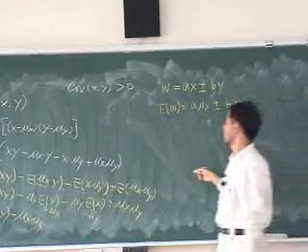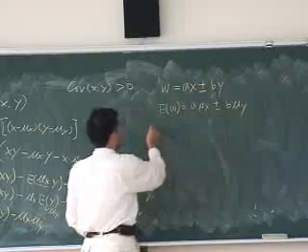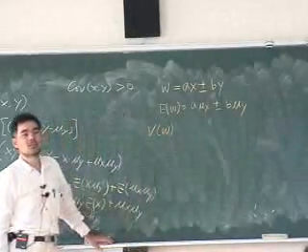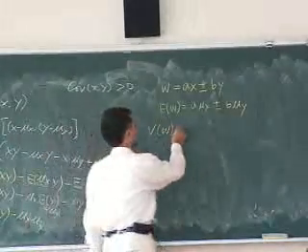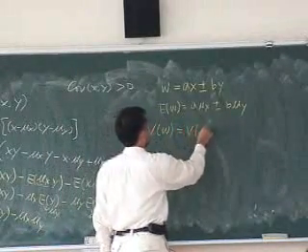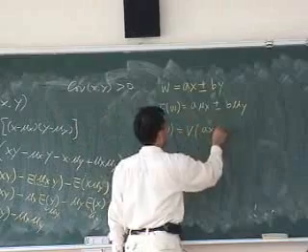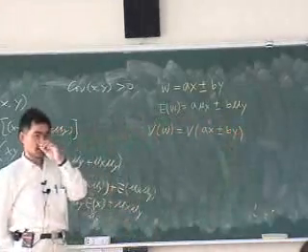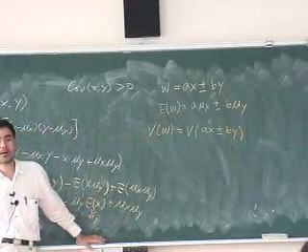Then we want to find out what V of W is. V of W is V of AX plus or minus BY. Any questions so far?